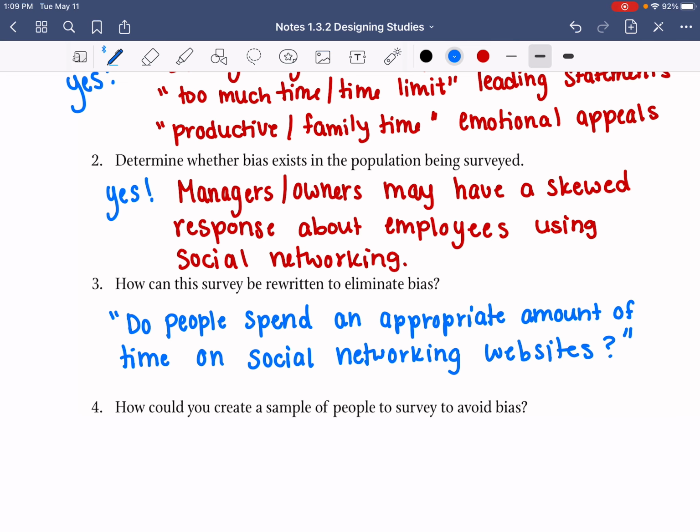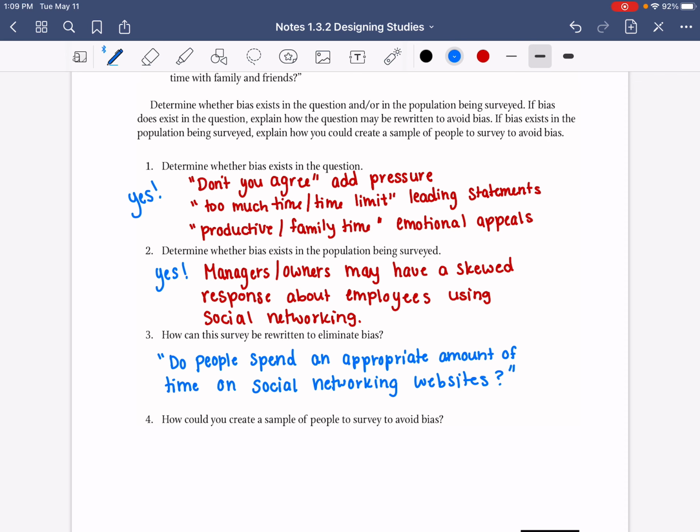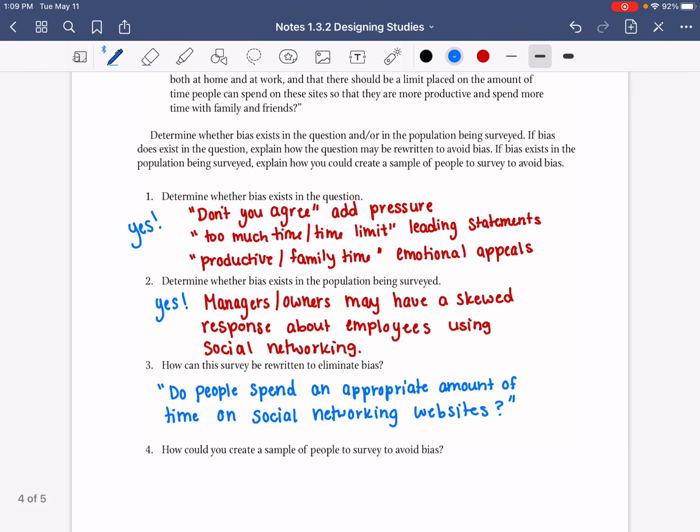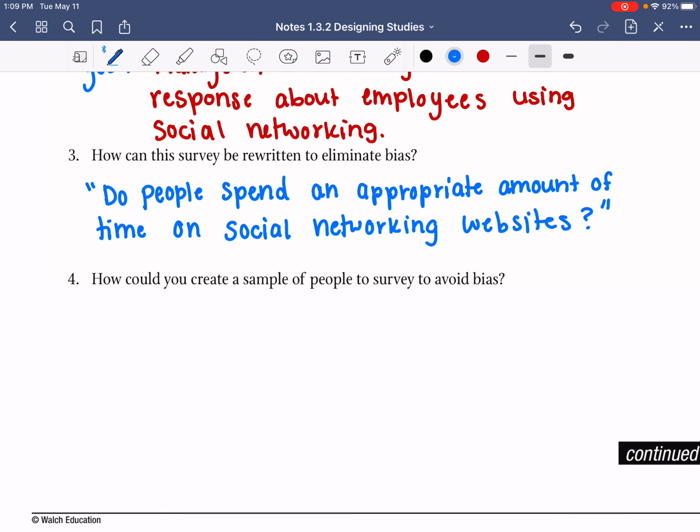Just straightforward. We didn't throw any fluff in there talking about people's emotions. They should be spending time with their family instead of doing it. We didn't say that there should be a time limit, anything like that. Appropriate amount.